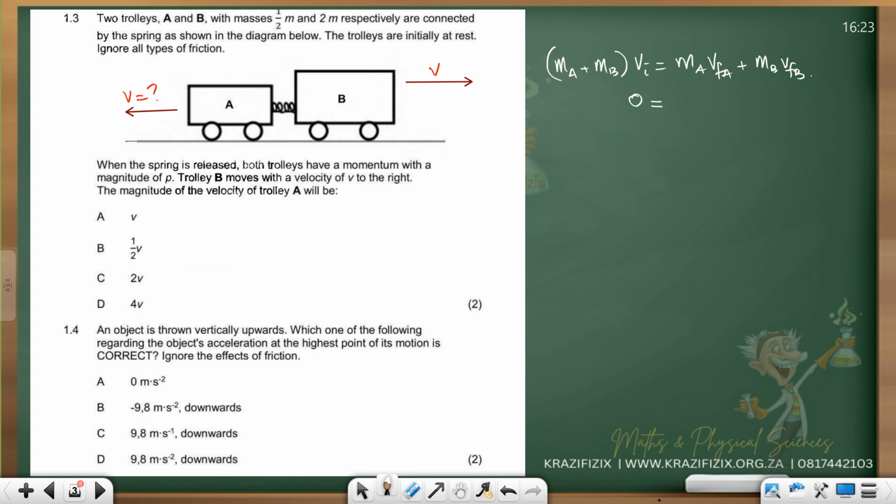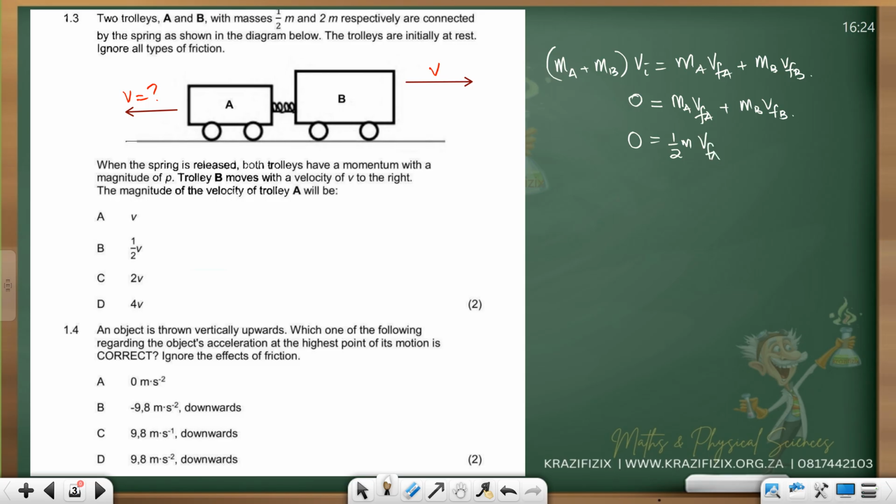Now we're told that they both have a magnitude of momentum p, but let's do something first. So mA, mB, vFB. What is the mass of A? Okay, let's call A 1 over 2 M. So 0.